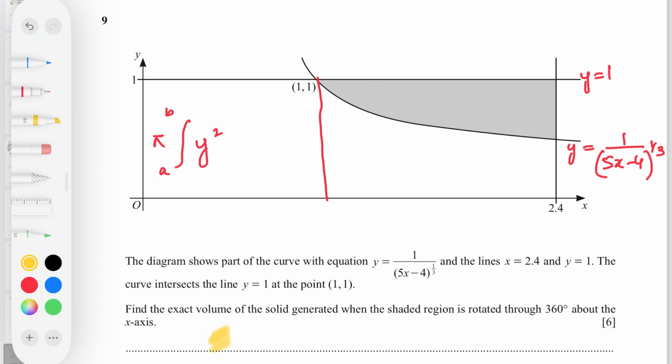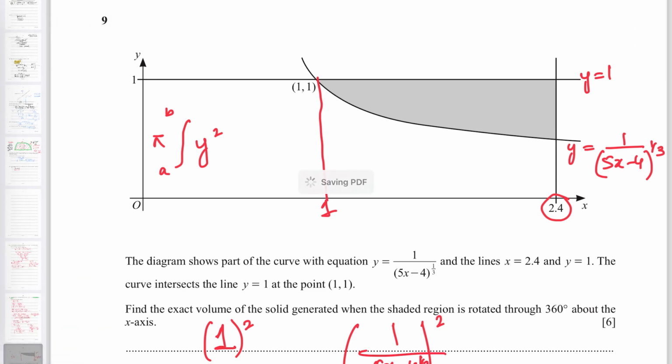1. The equation here is 1. Square it. The equation here is, square it. Now, what are the limits? 2.4 and this is 1. Let's work.